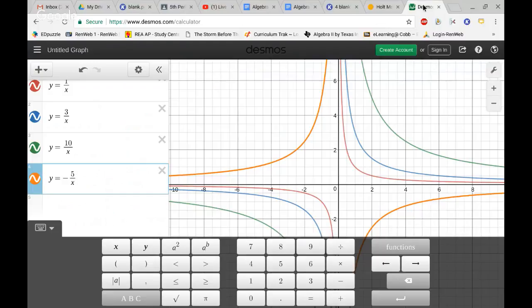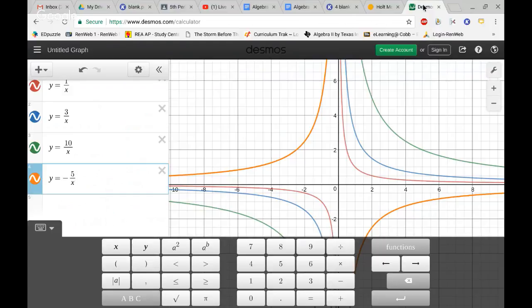If I were doing this one, just because I want to make my life easier, I would probably use 1, which would give me 1 and -5. And then I would use 10, which would give me 10 and -1/2. And what I would also know about that is it would mirror over on the other side.